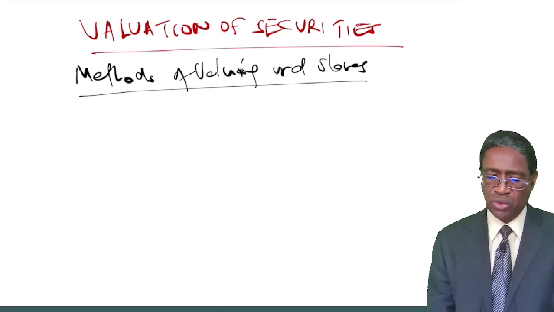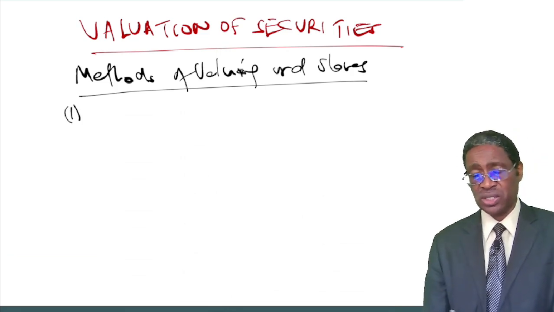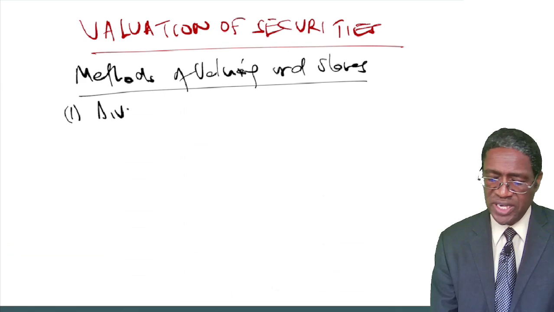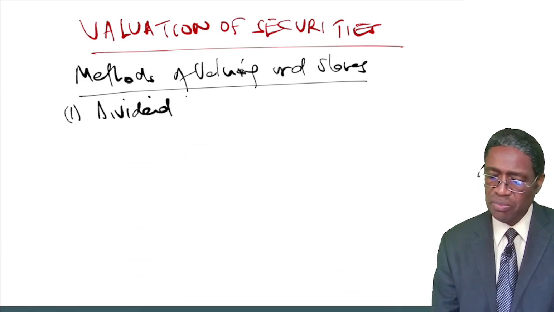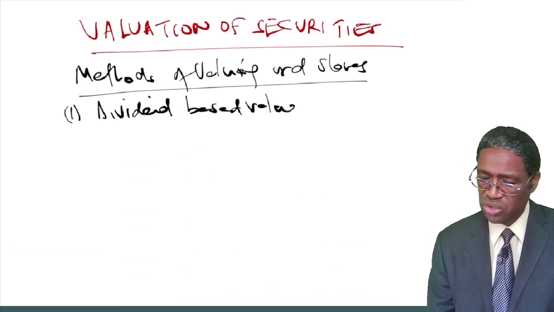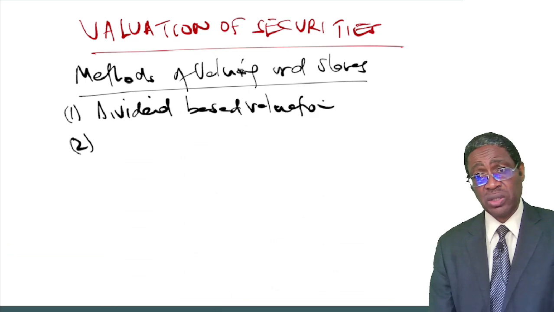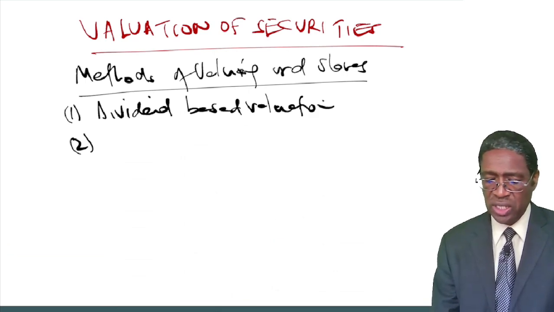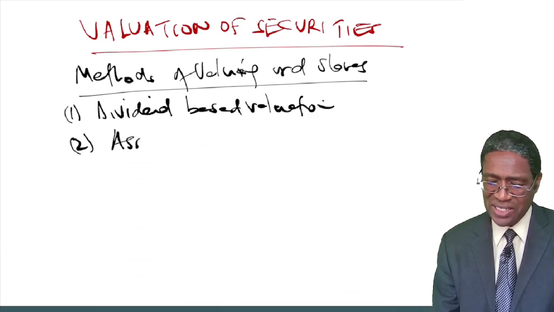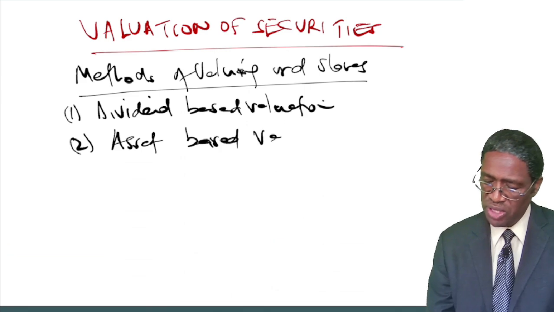Okay, so there are three methods of determining the value of ordinary shares. One is what we call the dividend-based valuation method. That's number one. Number two approach or way of computing the value of ordinary share is what we call the asset-based valuation method.